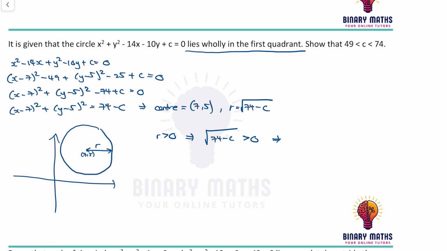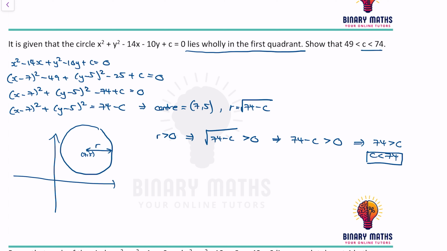This implies 74 − c must be greater than 0 when we square both sides, which implies that 74 must be greater than c, which if you rewrite it the other way around, is c is less than 74. So that's the first part. We've got that part. We need to prove the other side.